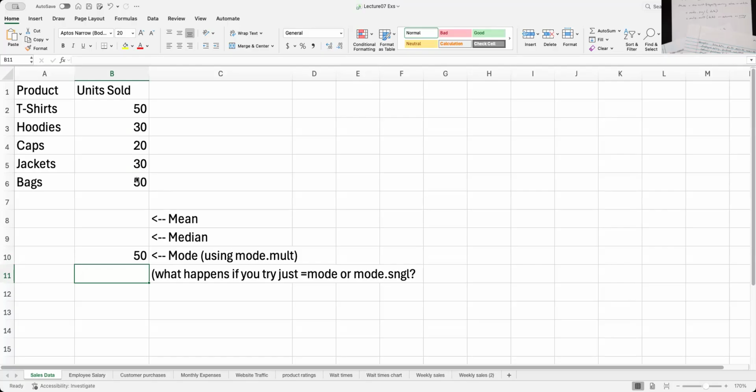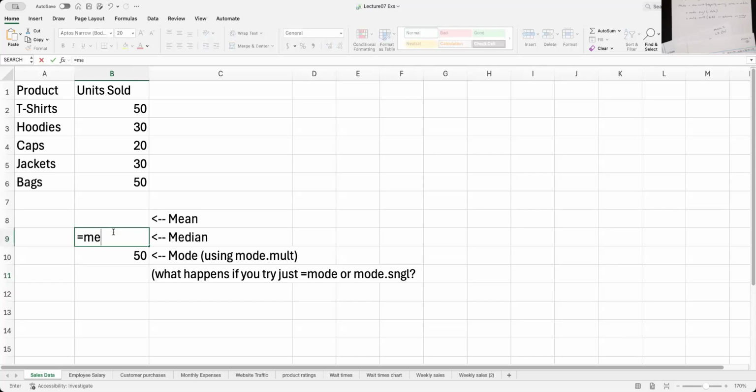What's the mean? What's the median here? The mean is 36. Median is 30. Notice I don't have to sort the data in Excel, but it does help if I get all the data to get that.